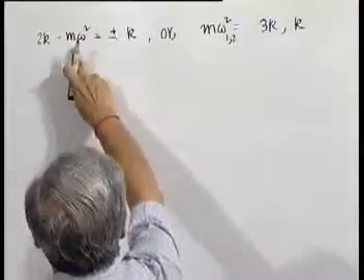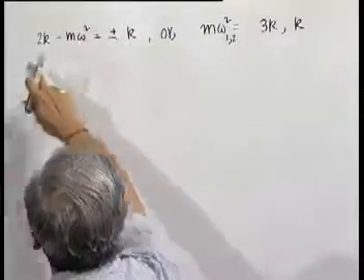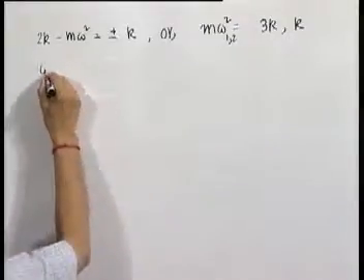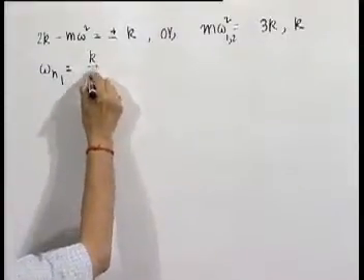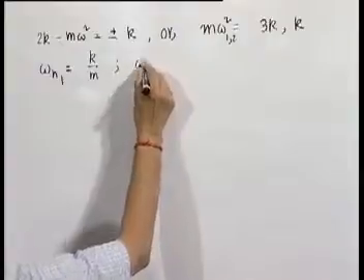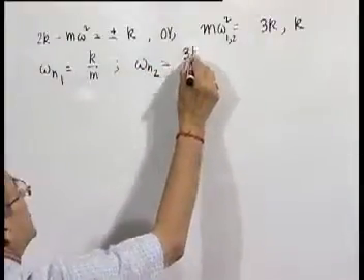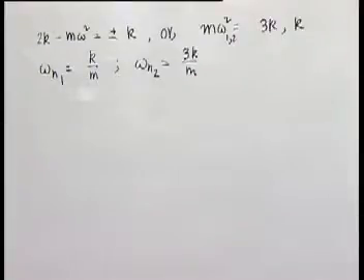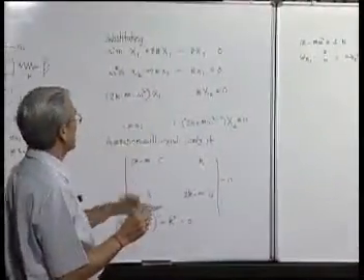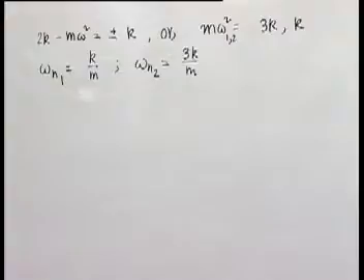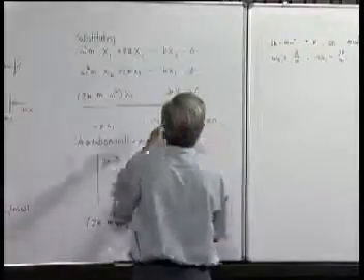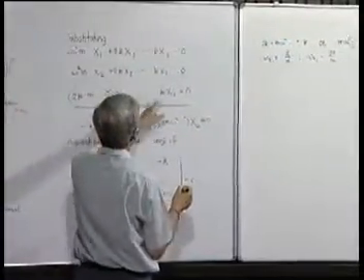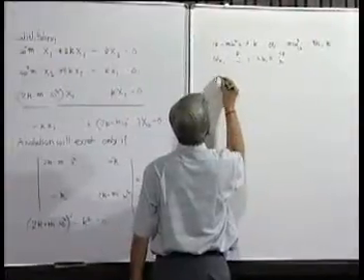So, if we use this plus value, we will get m omega square will be 3k. If we use the minus value, then obviously we will get k. So therefore, the two natural frequencies: omega n1 is equal to the square root of k by m, and the second natural frequency will be the square root of 3k by m. So natural frequencies we have got.